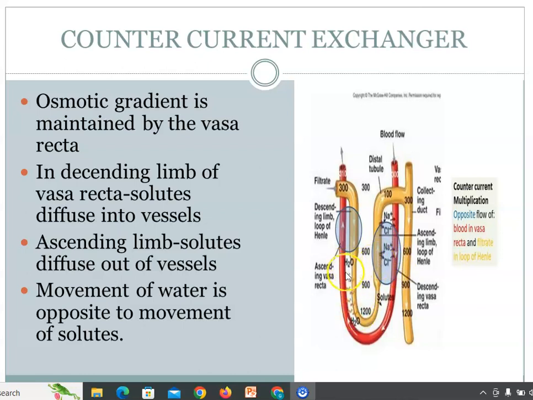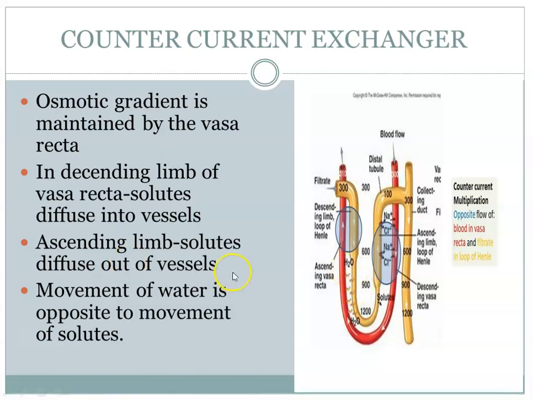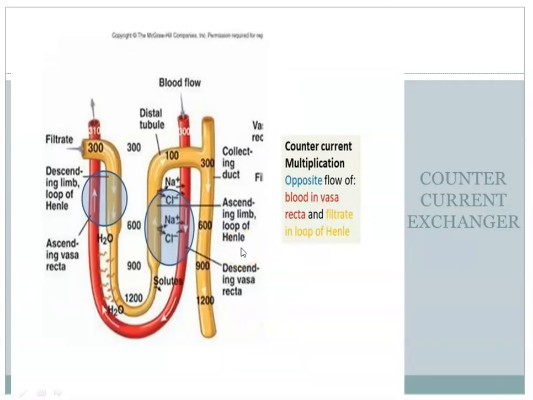Here water gets moved in and the solutes get moved out. So this maintains the interstitial osmolality because an equal amount of solute and water gets replaced. So this exchange is called the countercurrent exchanger. So that's all for my topic. Thank you.